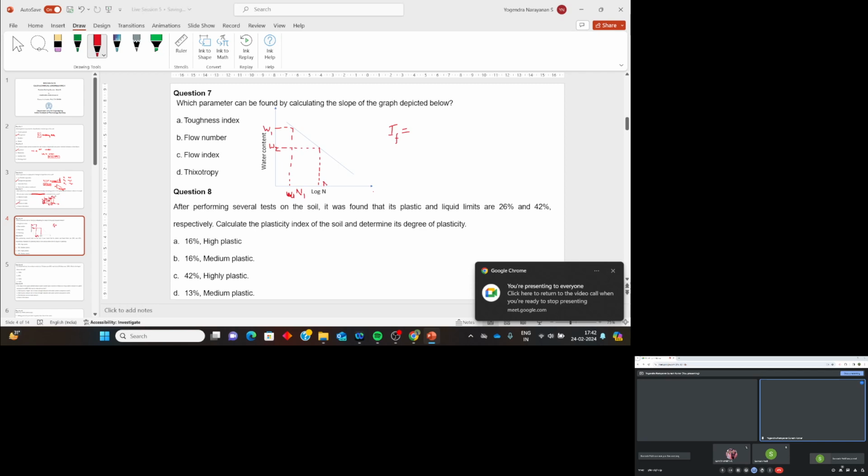So this is W2, N2, and this will be in log scale. This is a semi-log plot.